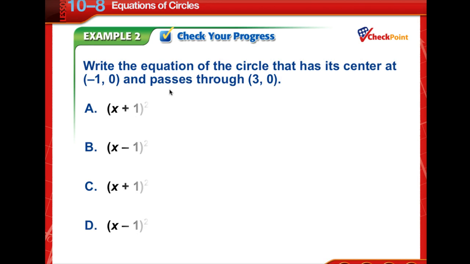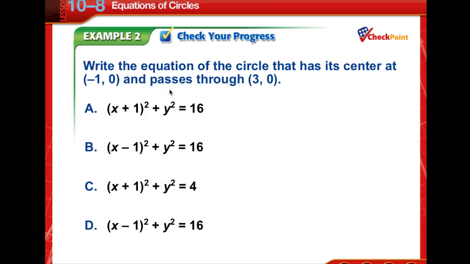Okay, time for you to check your progress on this one. So pause the video and determine what the equation would be, and come back and check your answer. Well, I used the distance formula. I found r is equal to the square root of (3 minus a negative 1) squared plus (0 minus 0) squared.